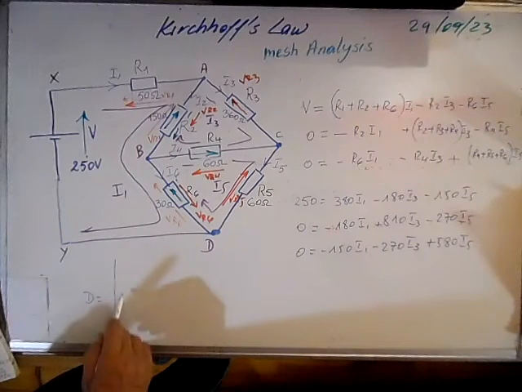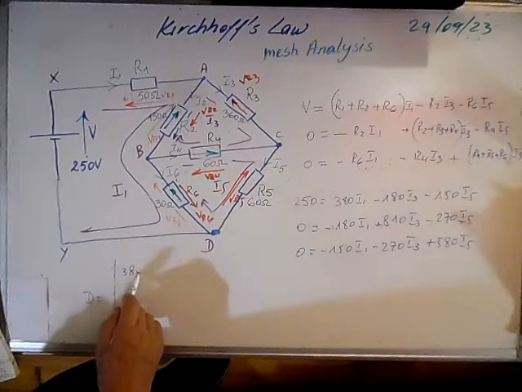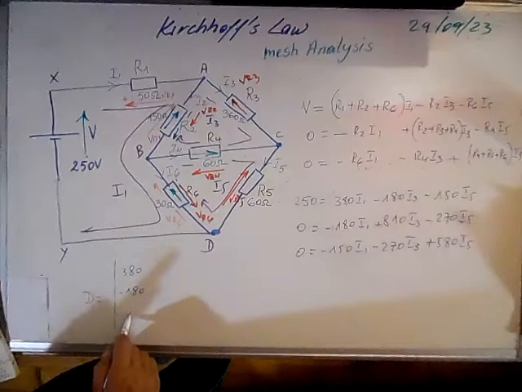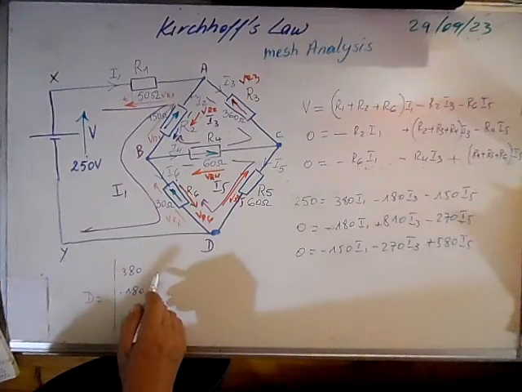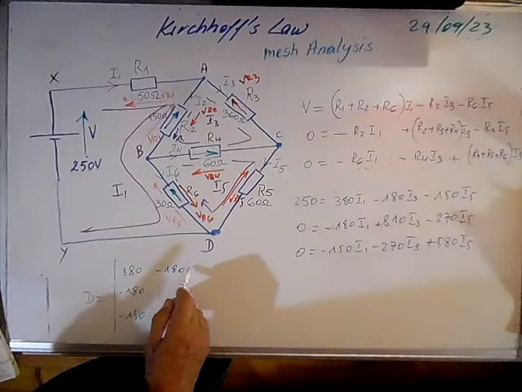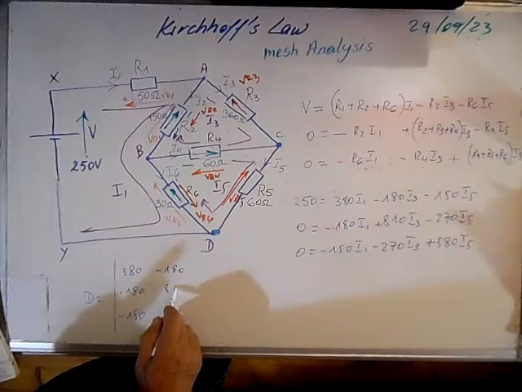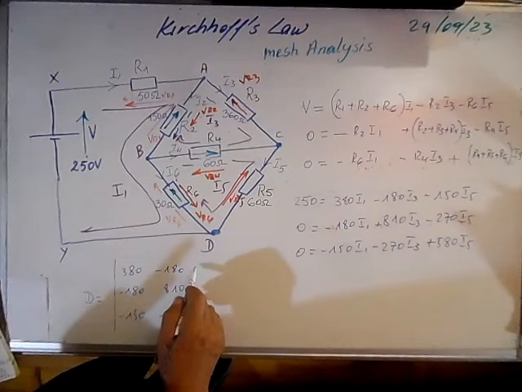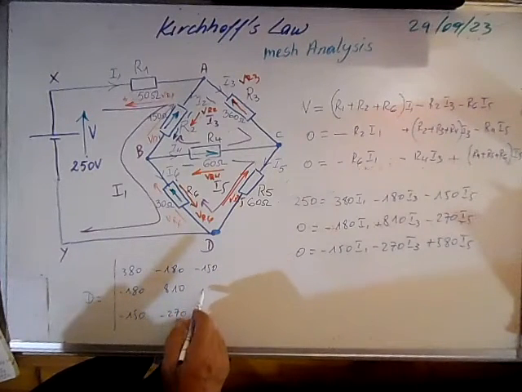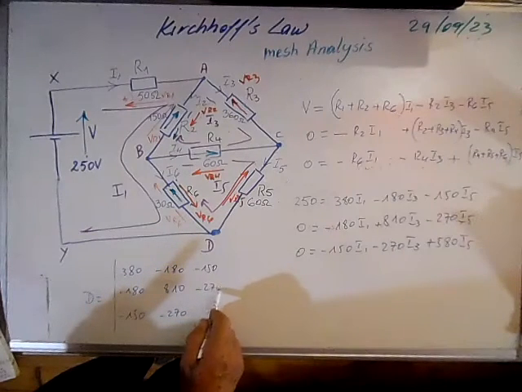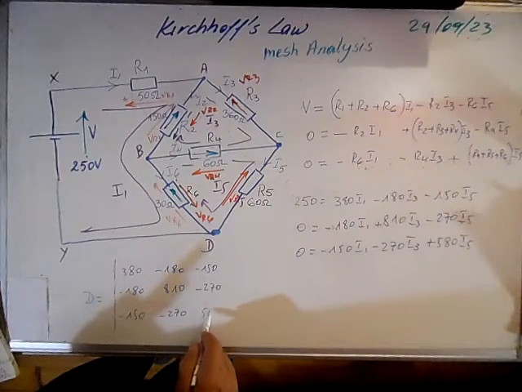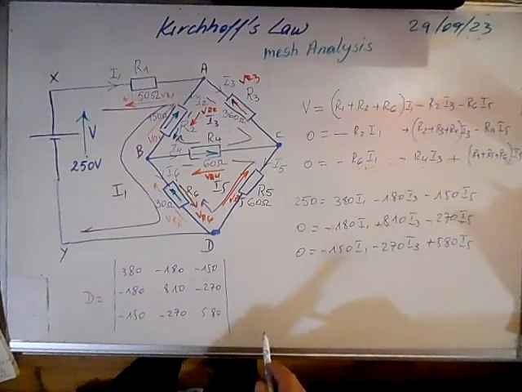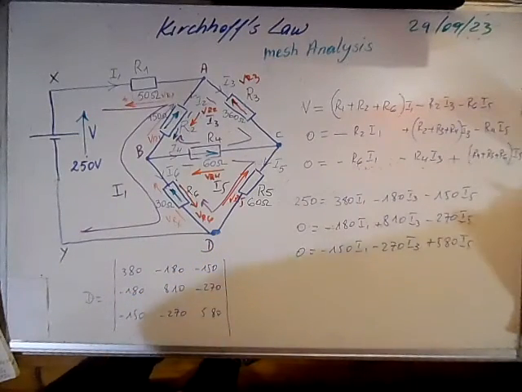D is equal to 380, 180, 150, 180, 810, minus 270, minus 150, minus 270 and 580, and then we can calculate.